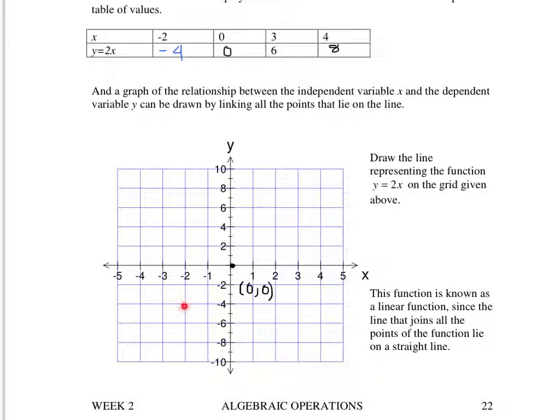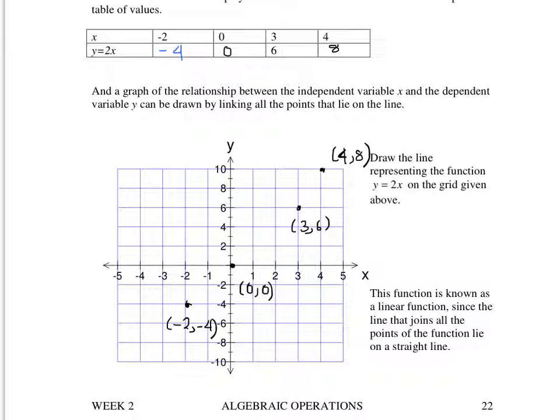So that's down here. Oops, get the pen working. So coordinates (-2, -4). And then we have coordinates (3, 6). x is equal to 3, y is equal to 6. And the last one, there it is, ordered pair (4, 8).